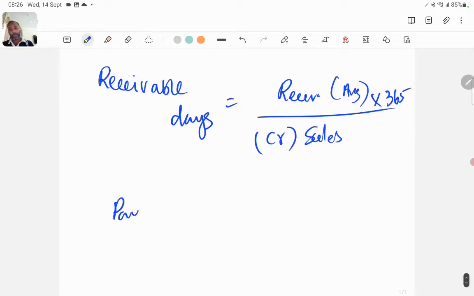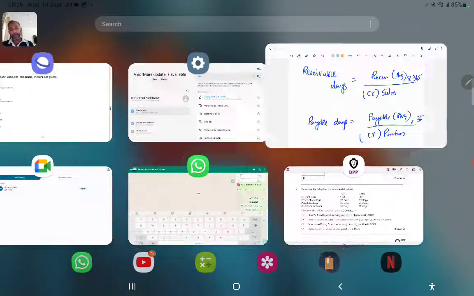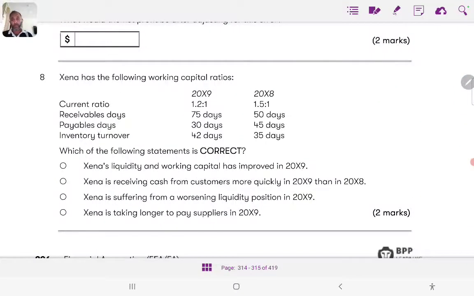Payable days will be average payables, again we may have to work out the average, divided by credit purchases, multiplied by 365 days.